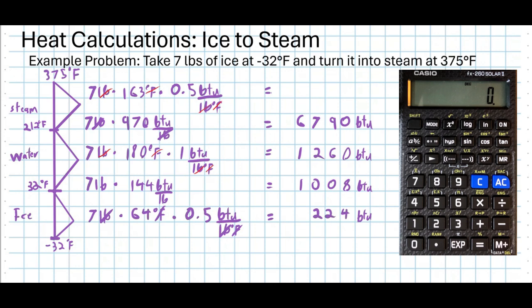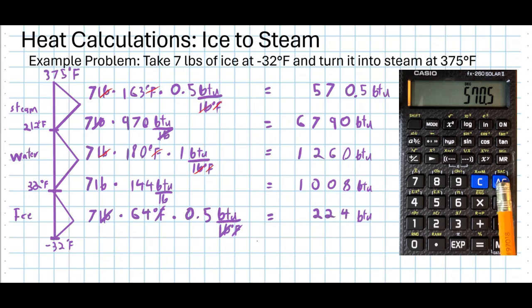So I take 7 times 163 times 0.5, and that gives me 570.5 BTUs to warm up my steam from 212 degrees Fahrenheit to 375.